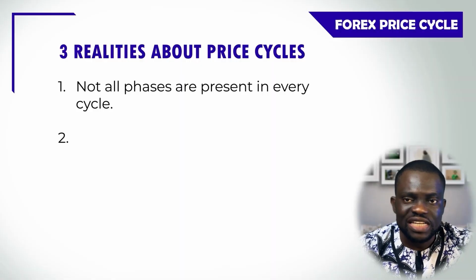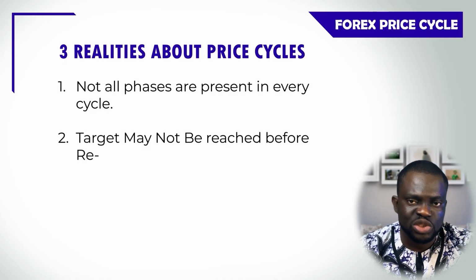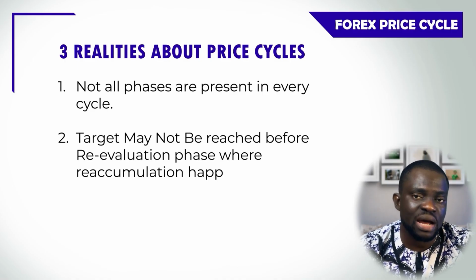If the effect of such an event is in the direction of the swing, it runs smoothly. But if it is opposing, the market will have to suddenly reaccumulate, often marked by a significant gap in price, followed by a swing in the opposite direction to the original swing. The second reality is that targets may not be reached before re-evaluation phase, where reaccumulation happens.